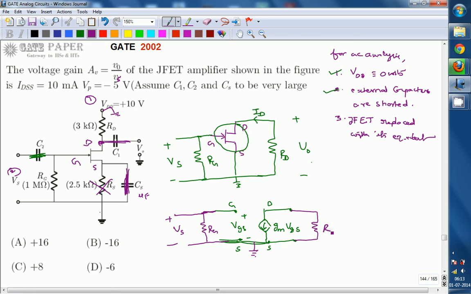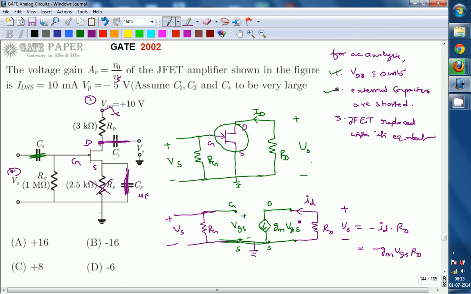So this is RD, and the current flowing through this is ID. So V0 can be written as minus ID times RD. And ID is nothing but GMVGS, so that is minus GMVGS into RD.